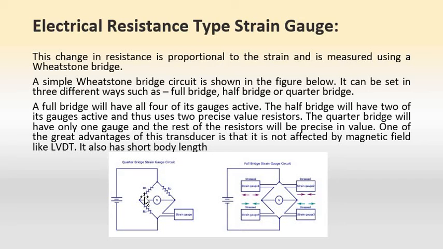That is, when the ratio of the upper arm resistances becomes equal to the ratio of the lower arm resistances, then the middle arm will show no movement. The middle arm has some sort of galvanometer or voltmeter that will show null deflection. So that is the balance point of a Wheatstone's bridge.